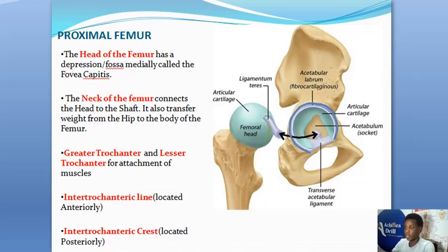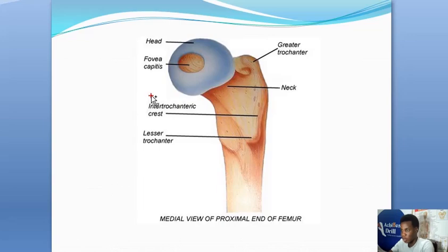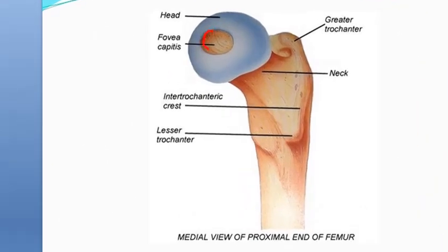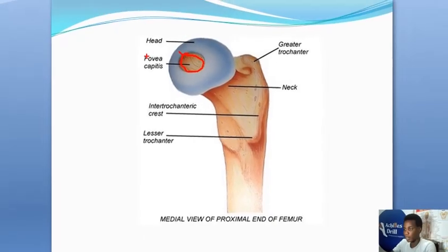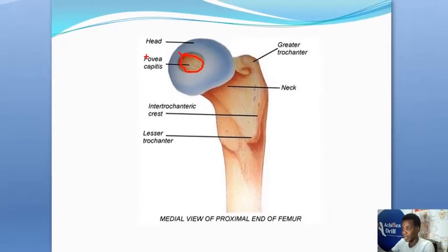Okay, so now starting with the head, I want you to take note of a structure on the head of the femur. There is a depression, there is a fossa located in the head of the femur. That fossa is called the fovea capitis. I have a better picture of that. So are you seeing this fossa on the head of the femur? That fossa is called the fovea capitis, and that's where the ligamentum teres, a very important ligament, attaches.